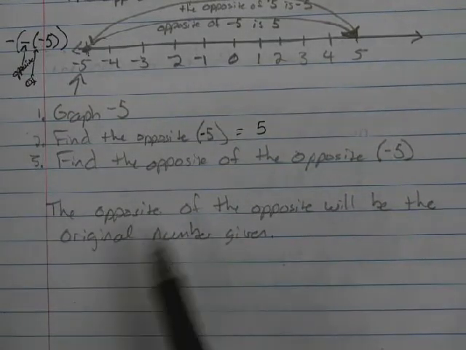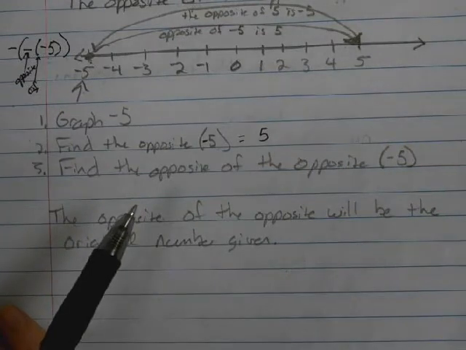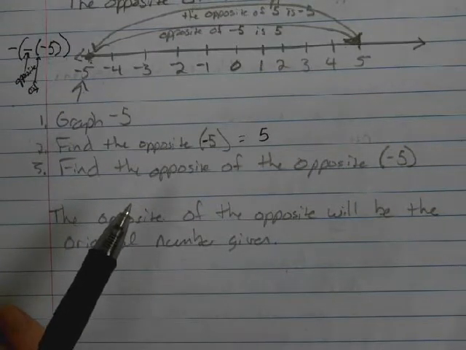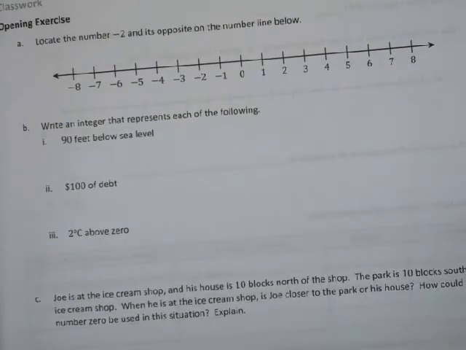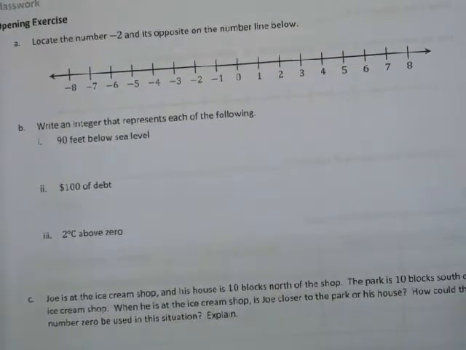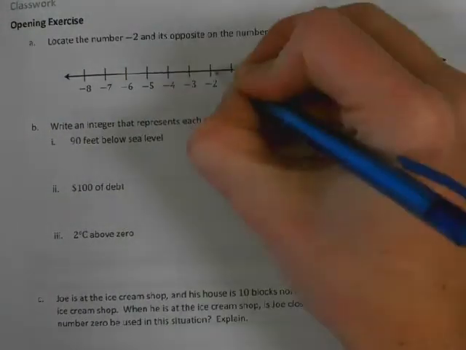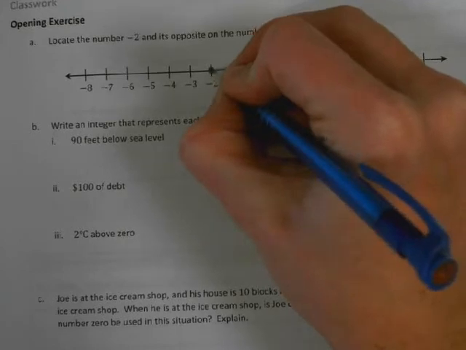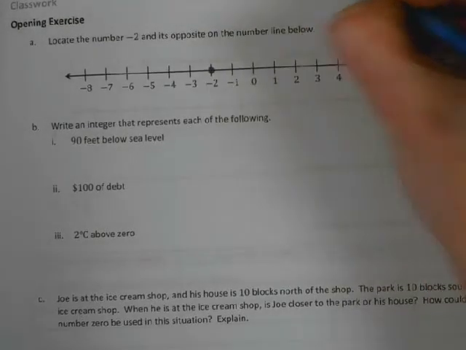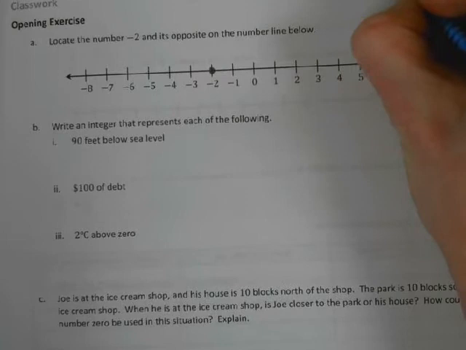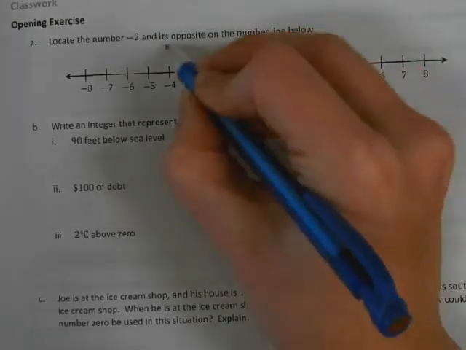Now I'd like you to open your book to Module 3, Lesson 5, so we can begin our book work. Lesson 5 for Module 3 begins here. So it says first, locate the number negative 2 and its opposite on the number line. So I'm going to locate negative 2. So step 1, plot your point. And its opposite.